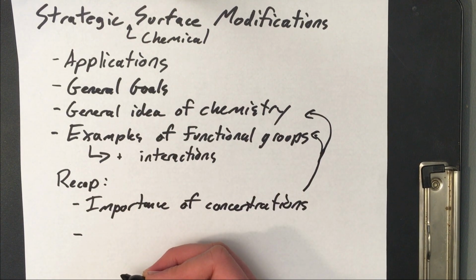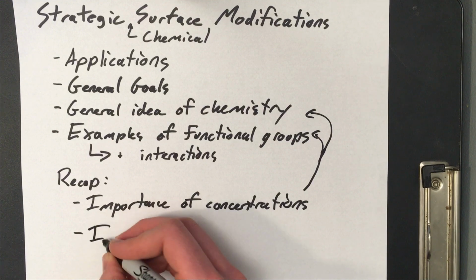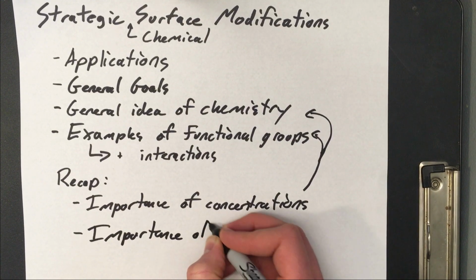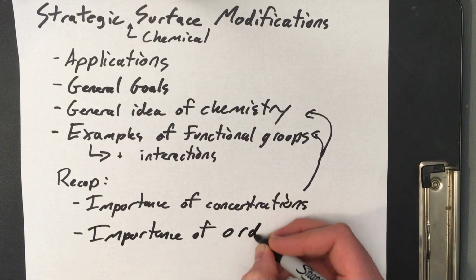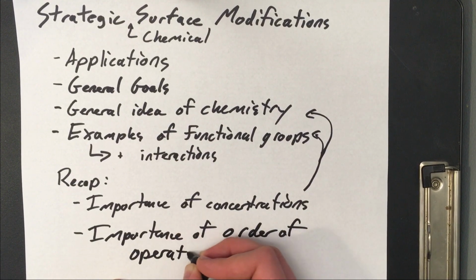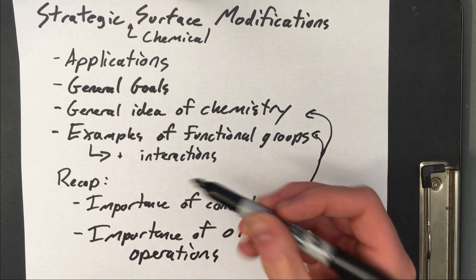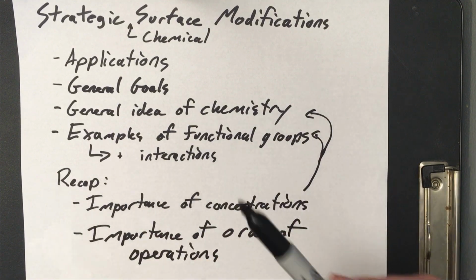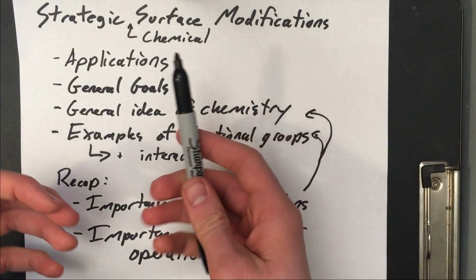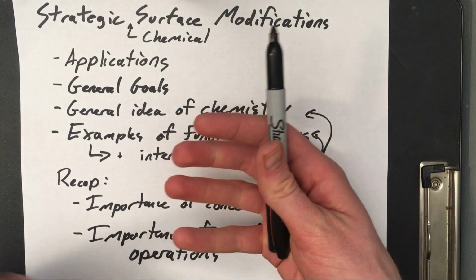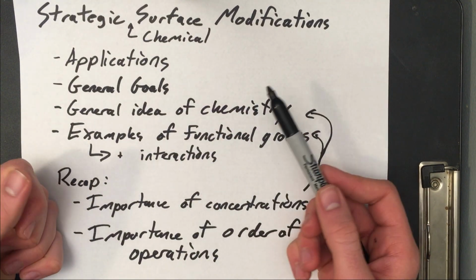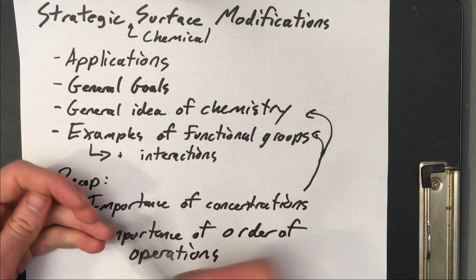And the other thing we want to talk about is the importance of the order of operations. If we have chemical A, chemical B, chemical C that are involved in this process of eventually attaching one desired chemical to a surface, does it matter if we do ABC or CBA?